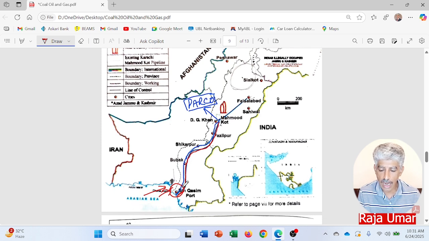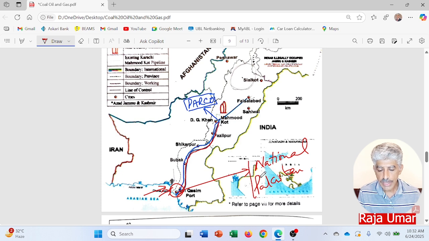And you know that there are a couple of oil refineries here at Karachi, the National Oil Refinery and Pakistan Oil Refinery, and sufficient oil is being refined here from that crude oil, and that is transported to the rest of the country through the white oil pipeline project.